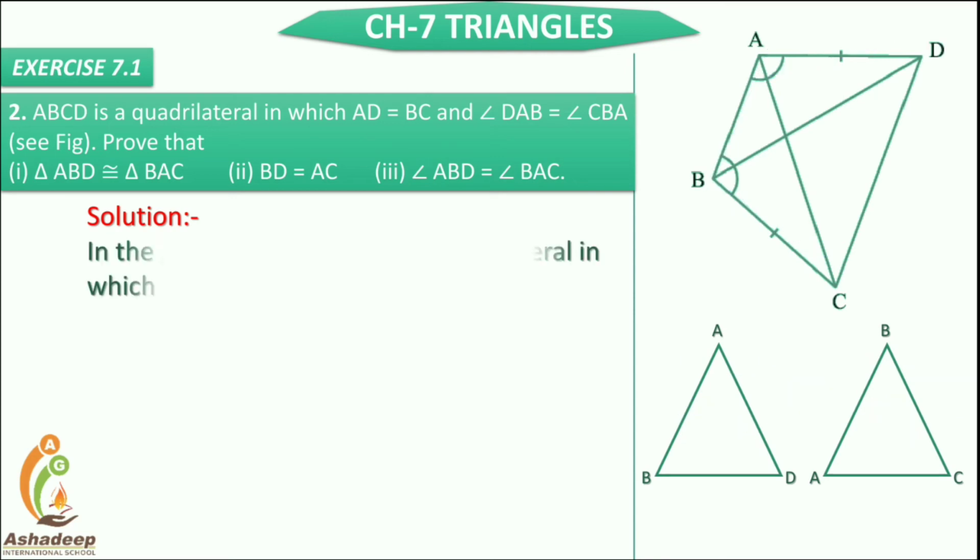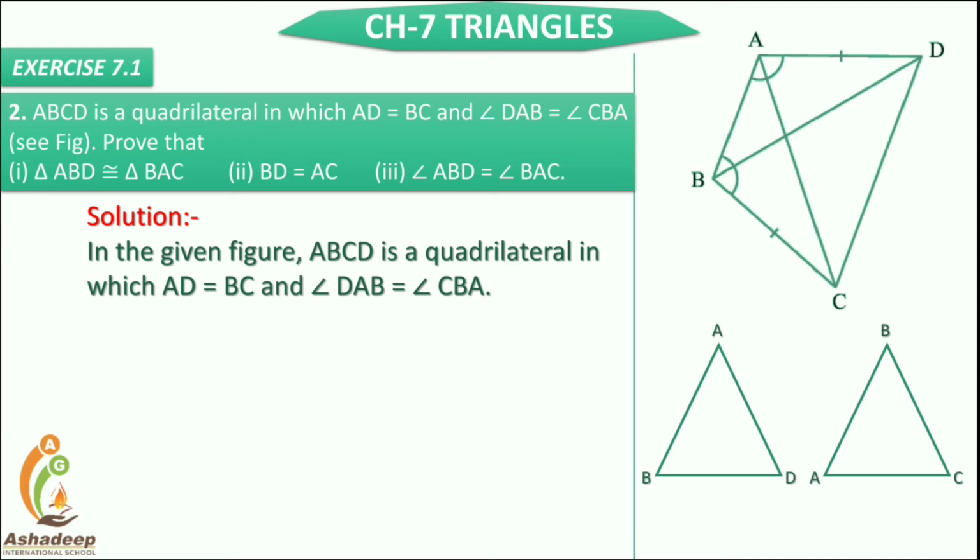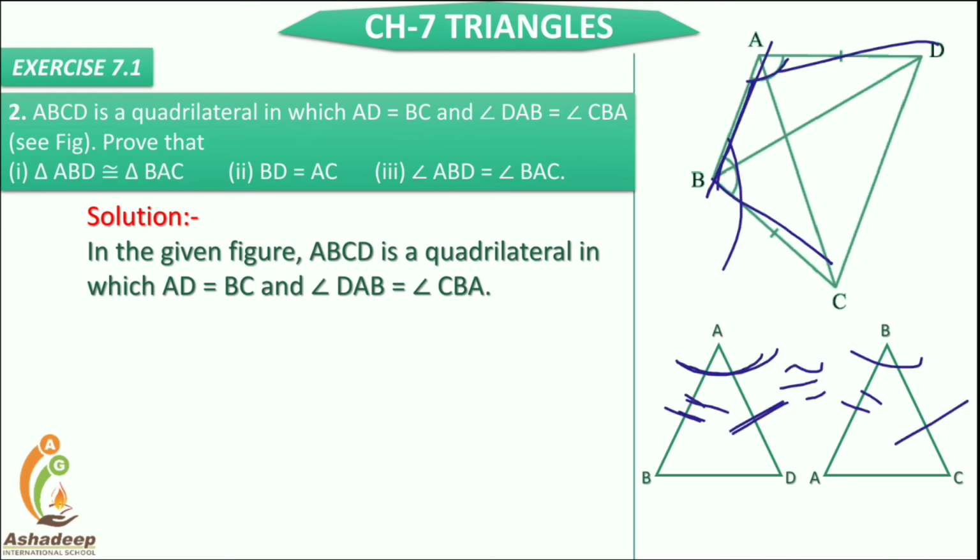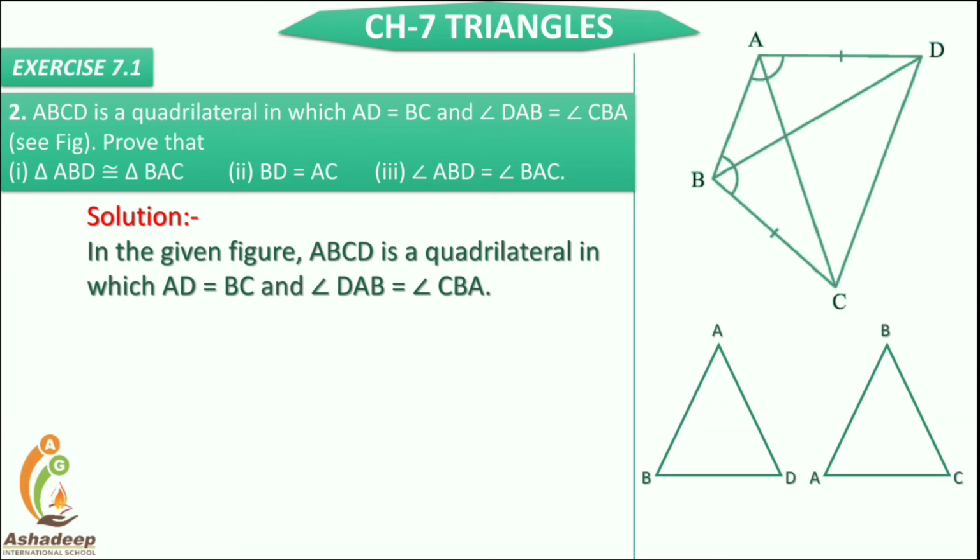Okay, now let's see. In the given figure ABCD, it is given that AD is equal to BC, and then angle DAB is equal to CBA. Angle B and angle A are equal.